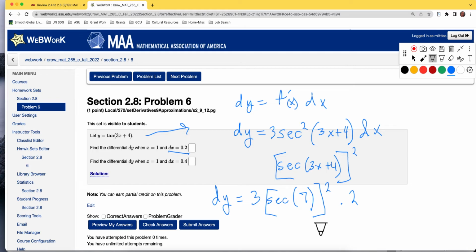So when you go to put this in your calculator, I do 3 times 0.2 all over cosine of 7 squared. That's how I would do it. And be sure you're in radians, because it's not real clear that we need to be in radians, but x is not in degrees, so that's the only other choice.